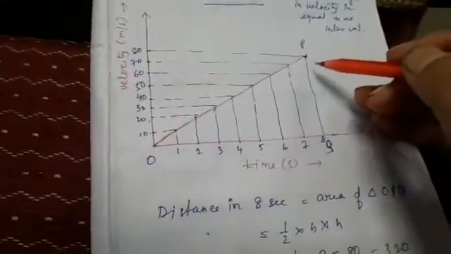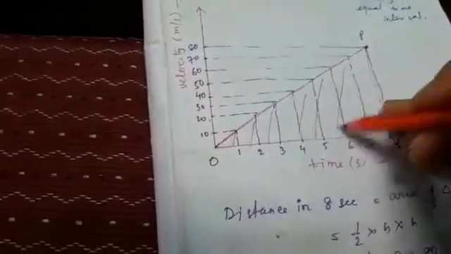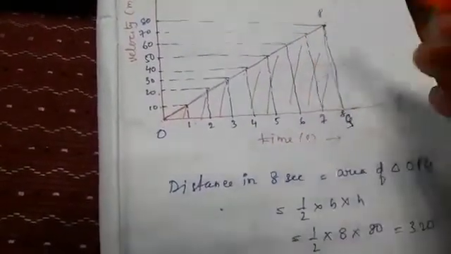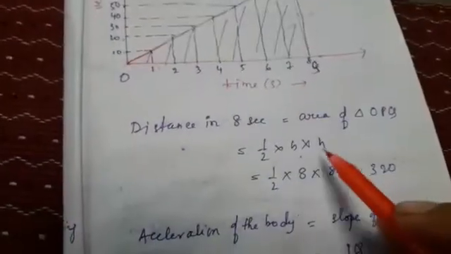So in that case, again, if you want to get the distance covered in 8 seconds, you have to simply calculate the area of this triangle. So what is the area of this triangle? Because the figure is giving you a triangle, right? The area of the triangle will be half into base into height.